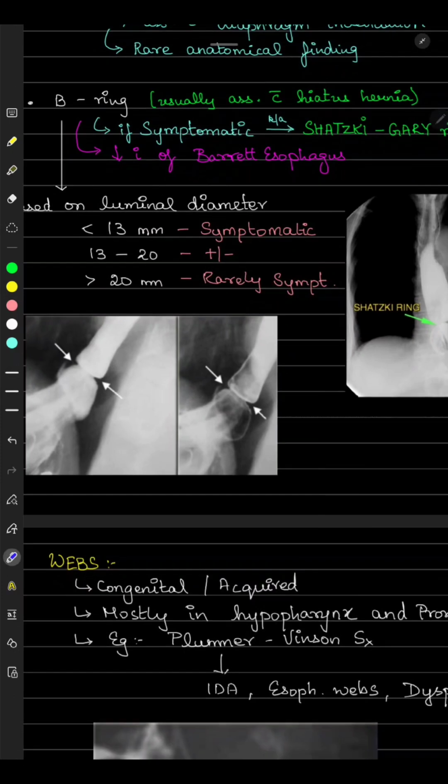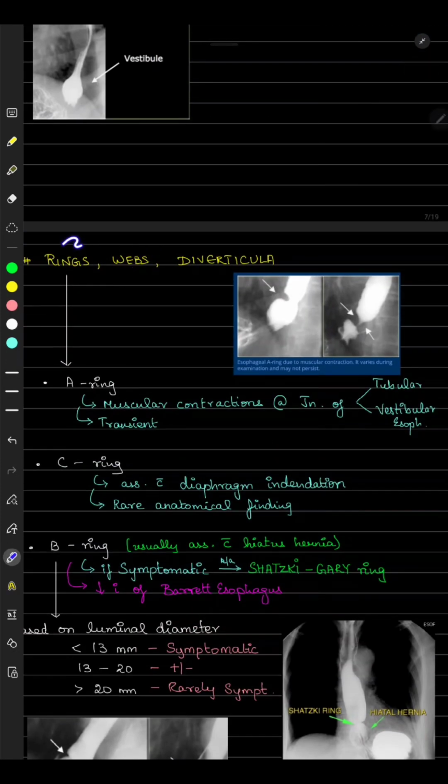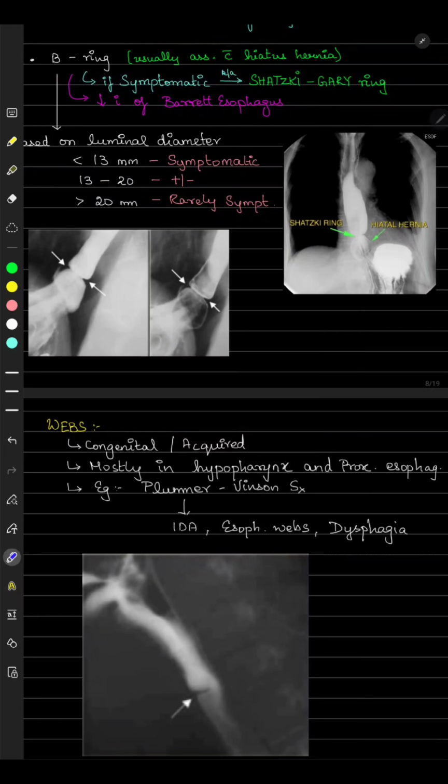Now these are the three rings which we need to know in the esophagus. Now coming to webs here, okay? So rings we have done, now we'll come to webs. Now what webs are, again they are constrictions. It could be congenital or acquired, and mostly it's seen in the upper part of the esophagus, that is the hypopharynx and the proximal esophagus.